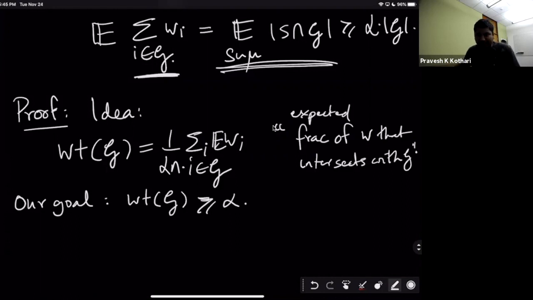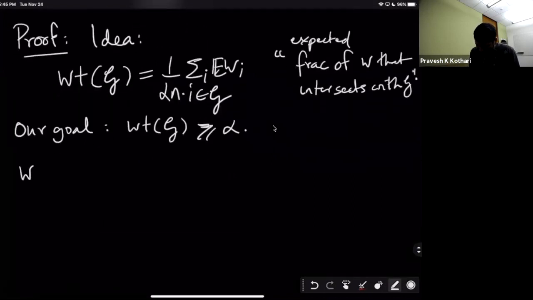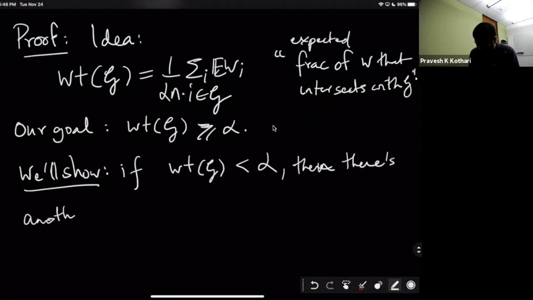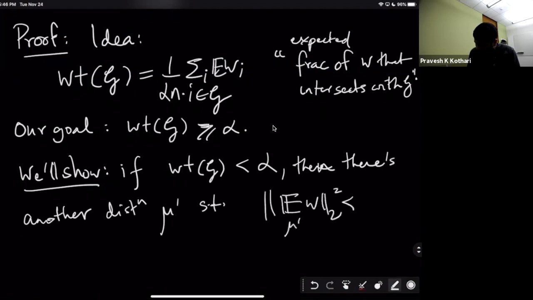So what we will show is, if the weight of G is less than alpha, then there's another distribution, let's call it mu prime, such that E mu prime W is strictly smaller than E mu W. In other words, I can decrease the objective, which is a contradiction because I was supposed to be optimal already, right?